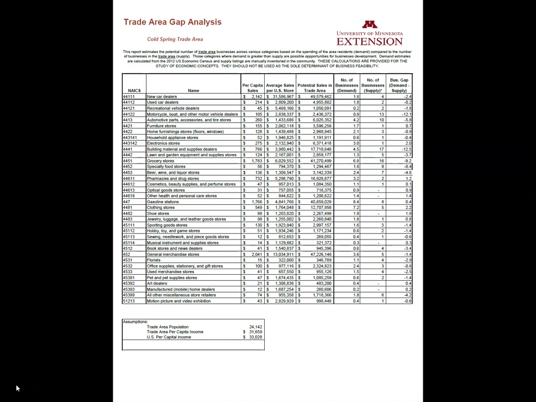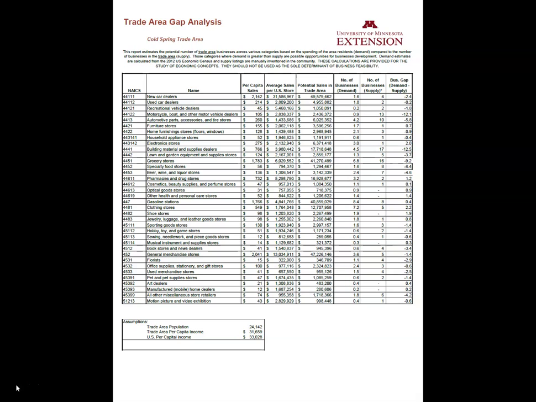Really what we care about is that when we looked at the business list, we could find out how many stores that amount of sales demand would support, based on the average sales per store. So we're saying how many sales would be potentially in the trade area, and then how many sales on average does a U.S. new car dealer produce.